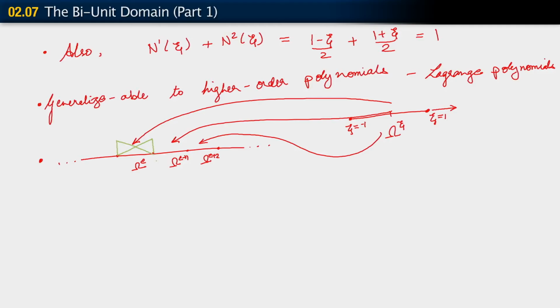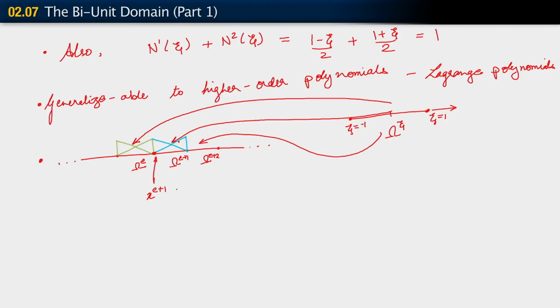If we look at element omega e plus 1, we have similar looking basis functions, but they are defined over element omega e plus 1, and so on. Now, if we look at how these basis functions appear together in the physical domain, let's focus on the fact that here we have node x e plus 1.